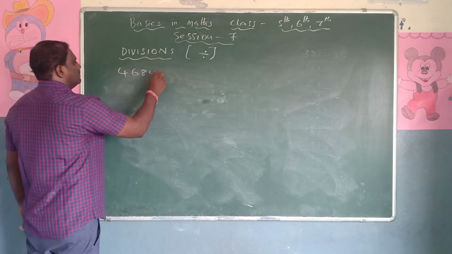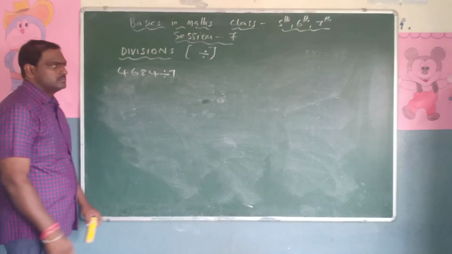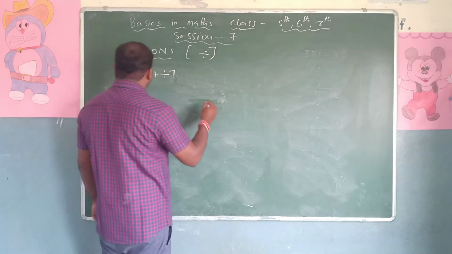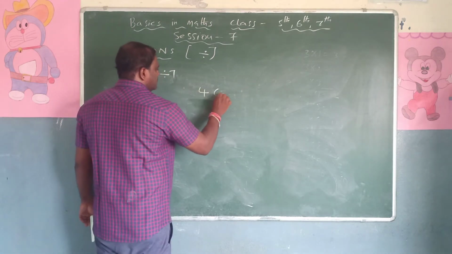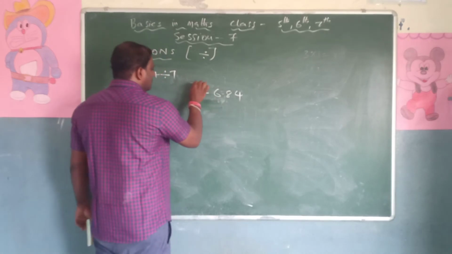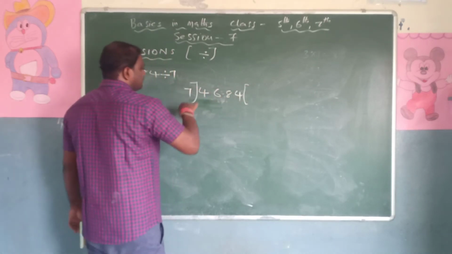4,684 divided by 7. Right? So any number you can do. 4,684 is going to be divided by 7.